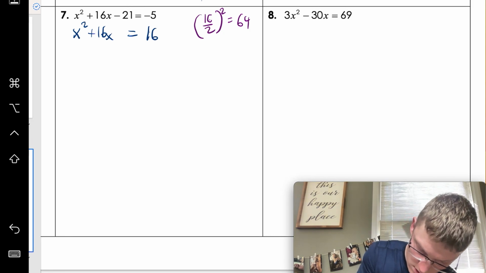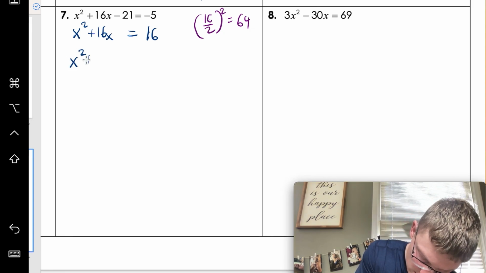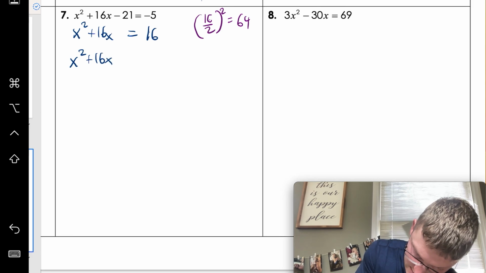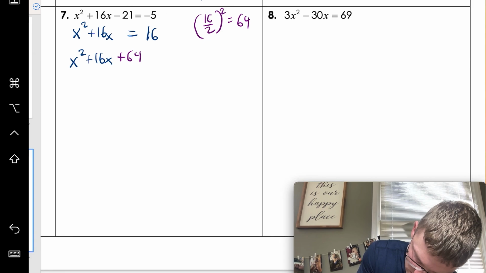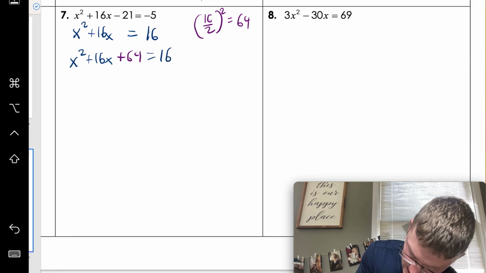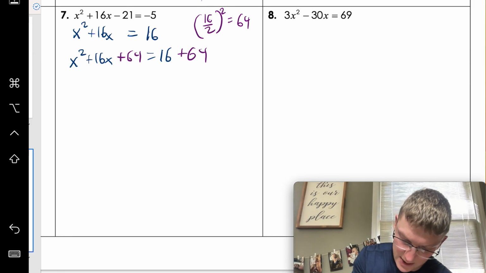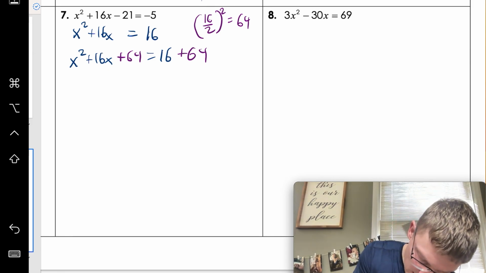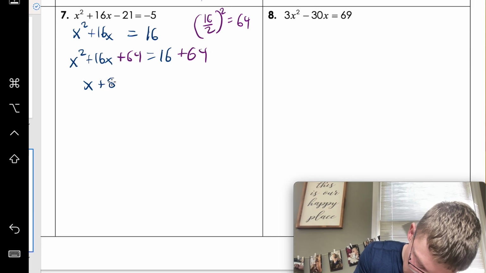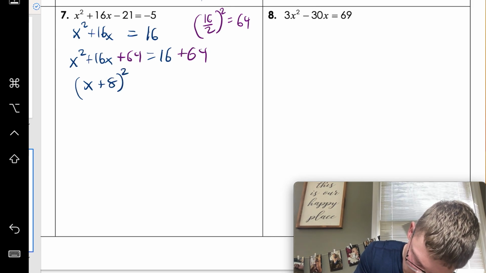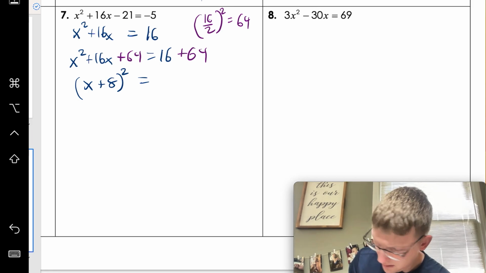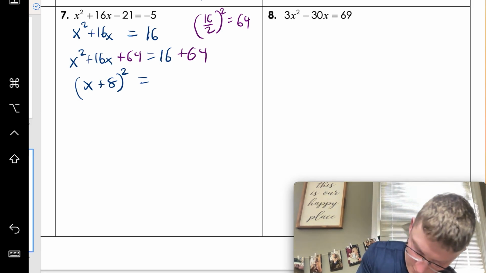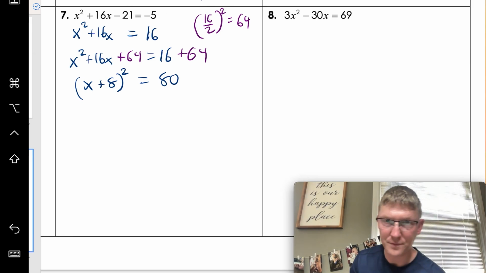So that's what we'll do. x squared plus 16x plus 64 equals 16 plus 64 on both sides. So we factor the left, we get x plus 8 squared equals 16 plus 64 is 80.